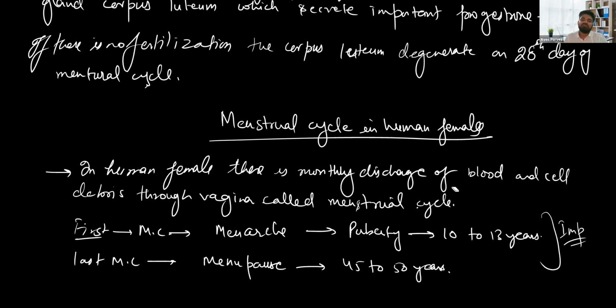When the first menstrual cycle occurs, we call it menarche, and it occurs at the age of puberty, which is 10 to 13 years. The last menstrual cycle, when there is no discharge of blood, occurs at the age of 45 to 50 years. Please note this one also. Then we're going to explain the different parts.